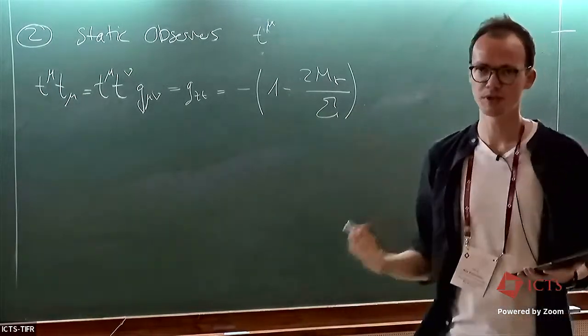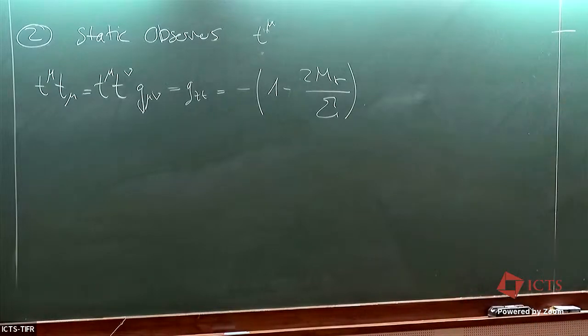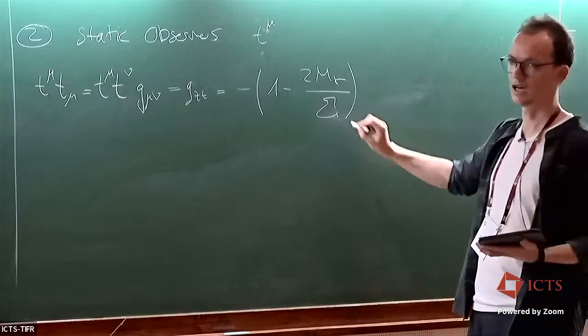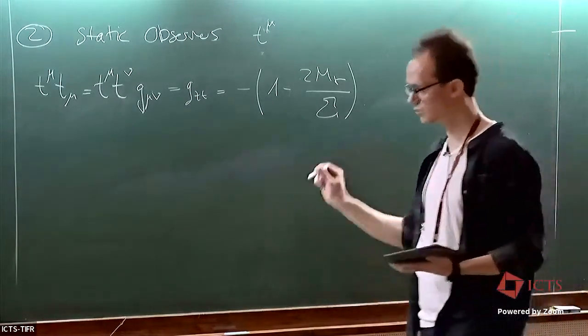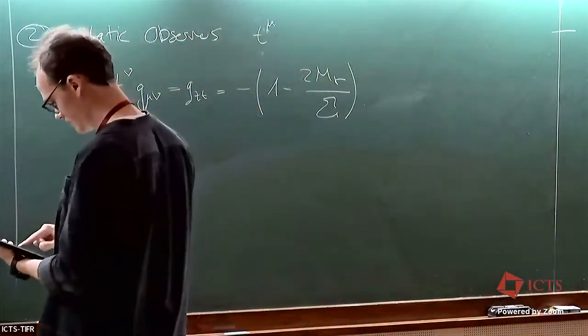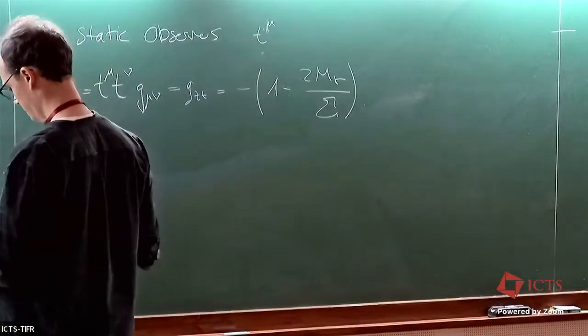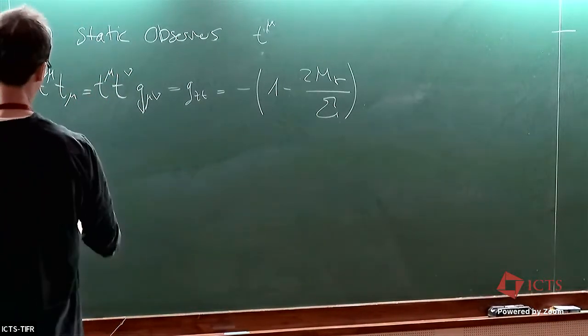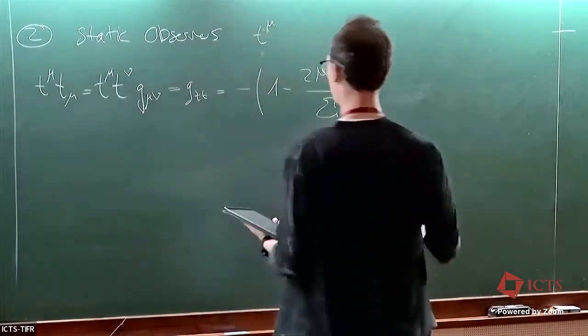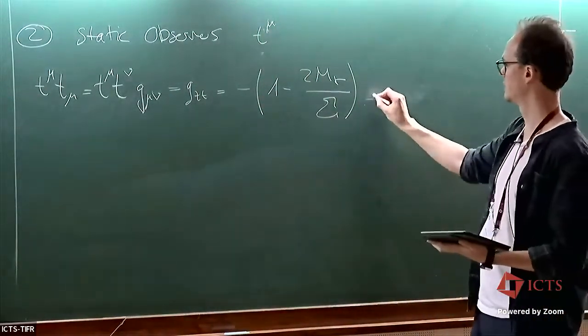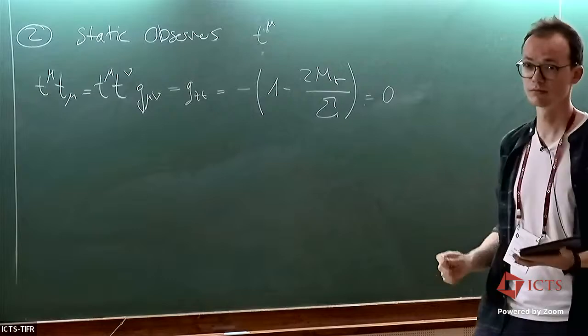And so there are regions in the spacetime where static observers cannot exist, basically because the norm of this becomes positive. And so the region in which this happens is called the Ergoregion. And the Ergoregion is basically defined by the surface where T squared becomes null.